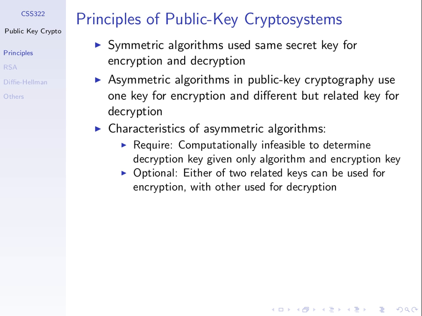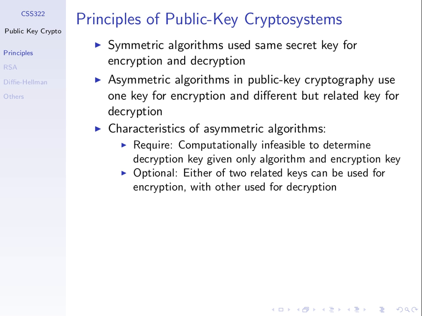Some of the asymmetric algorithms have this optional characteristic in that if you encrypt with one key, you can decrypt with the other, and the other way around. If you encrypt with key A, you can decrypt with key B. If you encrypt with key B, you can decrypt with key A, but no other key. So the keys are related in a manner that holds.